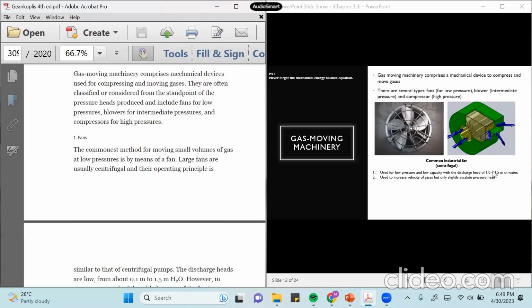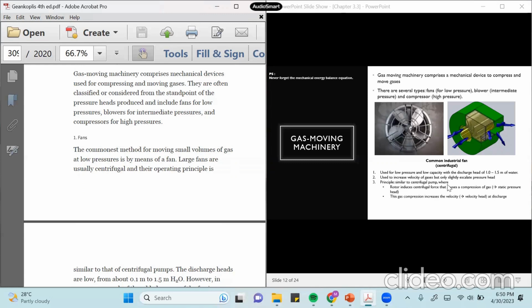That's why if we stay near the fan, we can feel the wind, but there is no pressure coming to us. We do not feel suffocated because of the pressure. We can only feel the wind. So it increases the velocity of the gases, but only slightly escalates the pressure head.